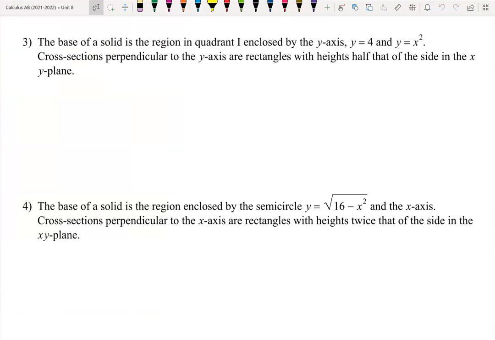Okay, so number 3, it says the base of a solid is the region in quadrant 1 enclosed by the y-axis, y equals 4, and x squared. So let's just get that visual to help us understand what's going on. So we have quadrant 1.